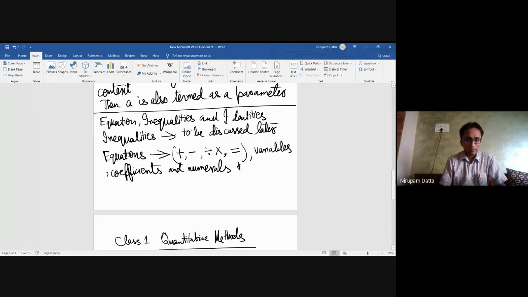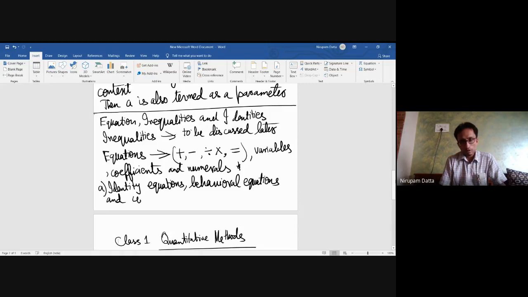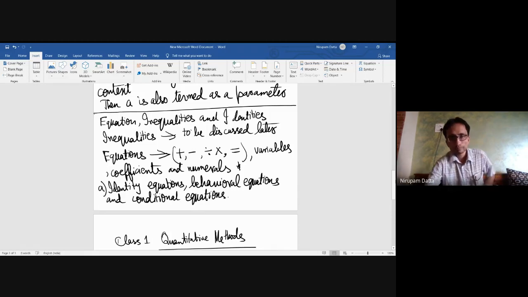So equations can be of three types: identity equations, behavioral equations, and conditional equations.